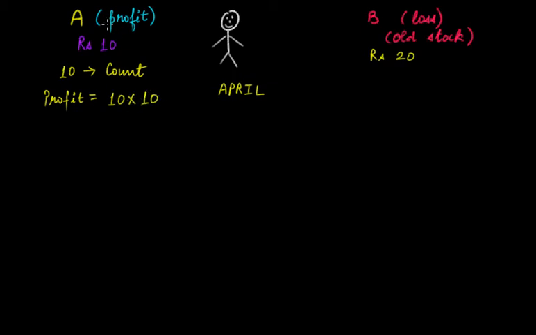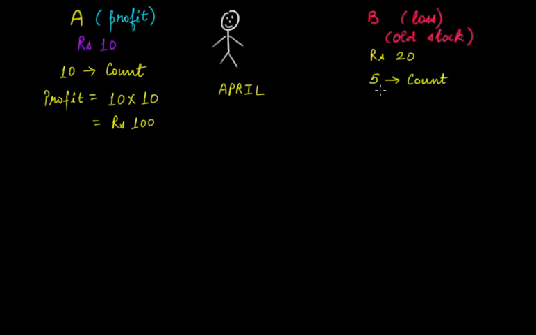Because rupees 10 is the profit for one item A. So for 10 items of A you will make a profit of 10 times 10, and that will be rupees 100. Okay. Now in the same month, by the end of April, you have sold, say, only 5 items of B. Okay, 5 is the count of item B that has been sold.